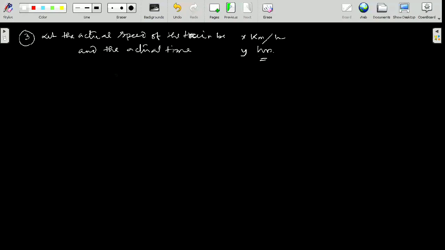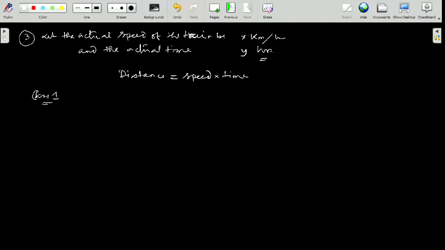And you know, in class 9 standard you got the formula of distance in physics. Distance is equal to speed into time. You got it in physics. So first condition, case number 1.